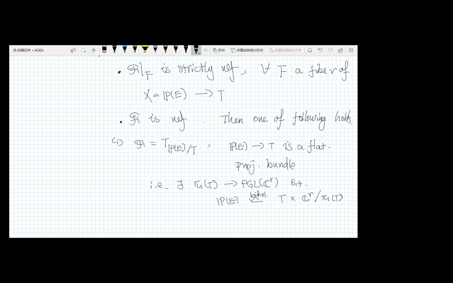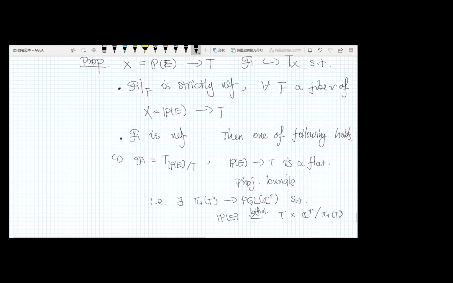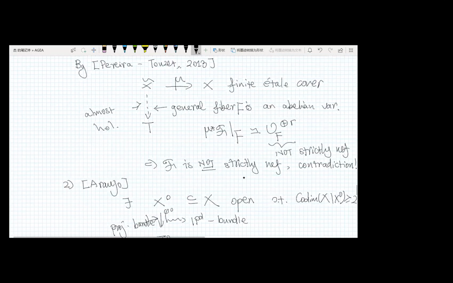You can compare this result with our first example here.